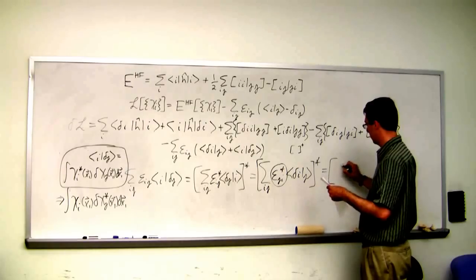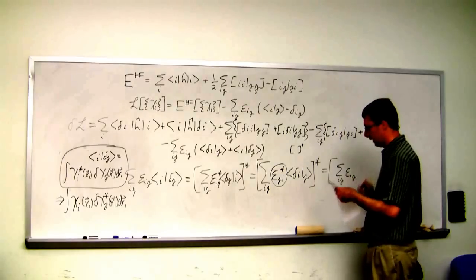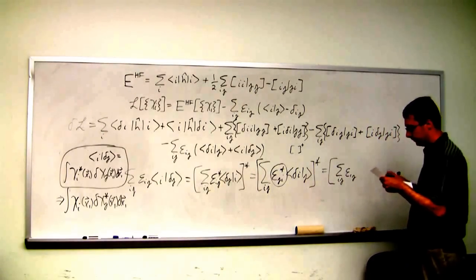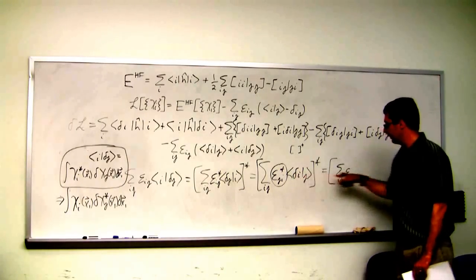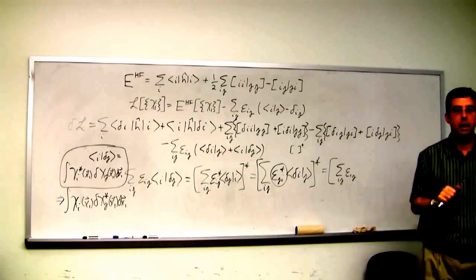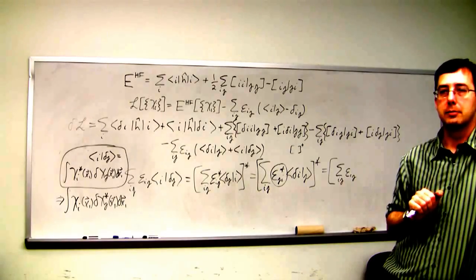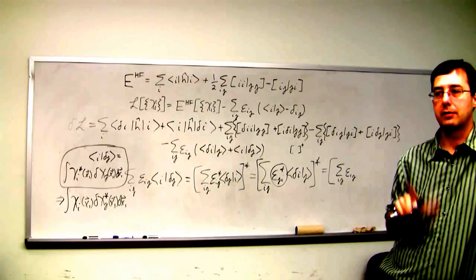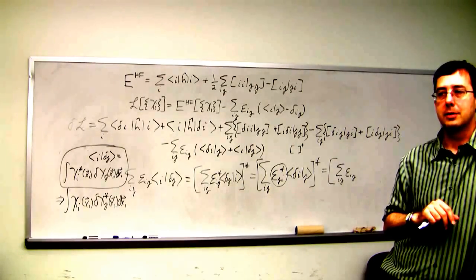So this guy, I'm going to write it as epsilon ij because I'm going to assume that whatever these multipliers are, they belong to a matrix which is actually a Hermitian matrix. And for a Hermitian matrix, the adjoint of the matrix equals itself. Now, do I know that the epsilons are Hermitian?